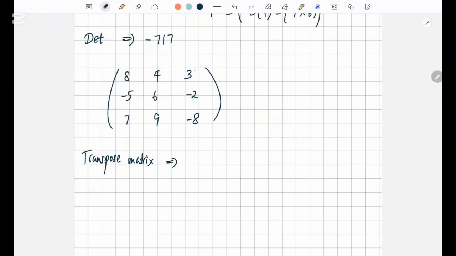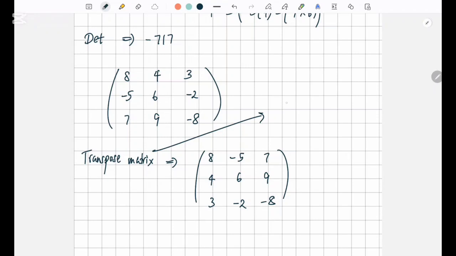So your first row, 8 4 3, is going to be a column like this, and then minus 5 6 and minus 2, and 7 9 minus 8, written like that. It's basically like rotating every single row by 90 degrees clockwise.